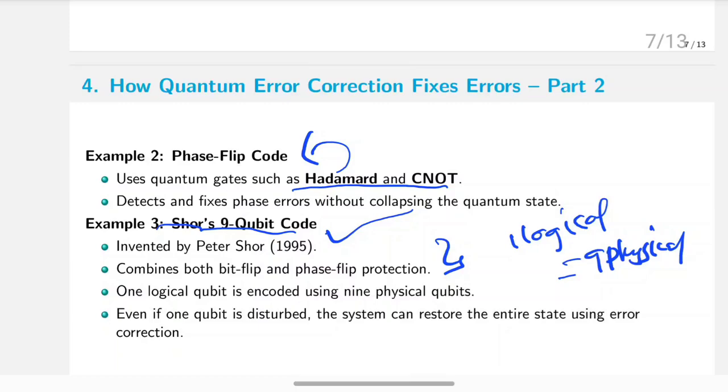Instead of giving only one logical qubit, they have added 8 more physical qubits to one logical qubit to carry out the calculations. Even if one qubit gets disturbed, the overall quantum information is not lost, and it can be stored carefully. That is what Peter Shor did in 1995.